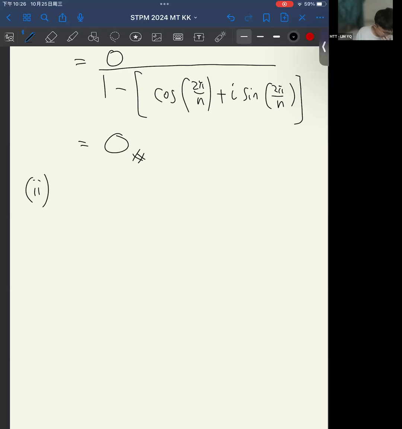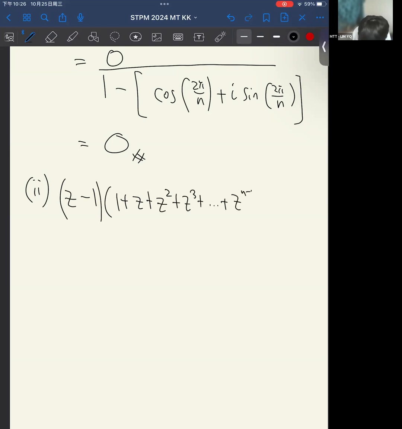Okay, the part 2, using the expansion. Minus 1. Go to this one. W minus 1.